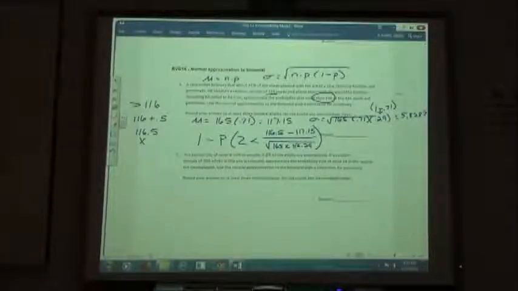So let's do 116.5 minus the 117.15. So this one's wrong? Oh, yep. That was this number here. 116.5. Yep.